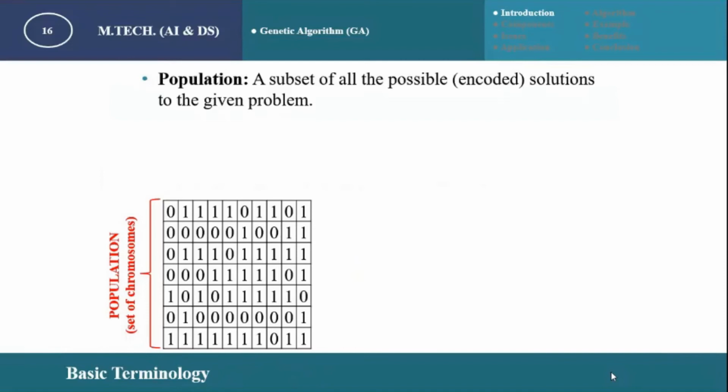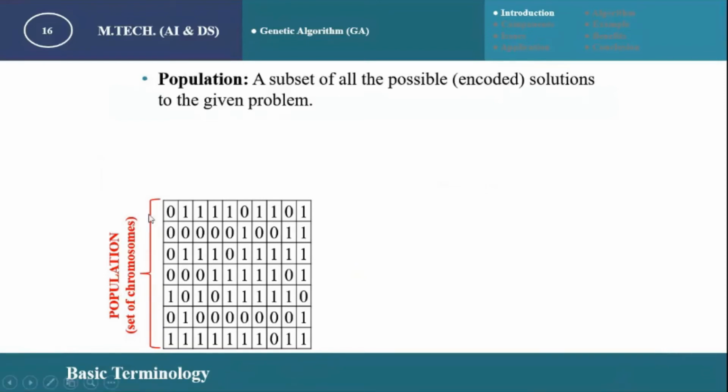This represents a population. Each row represents a specific individual, and in this case it is a binary representation of the individual. We will see that there are multiple ways of representing chromosomes in genetic algorithm. Here there are a number of chromosomes represented, and each chromosome is an individual, and each individual represents a candidate solution.